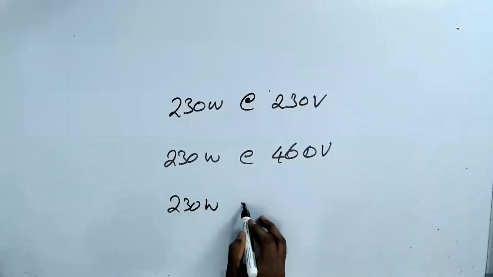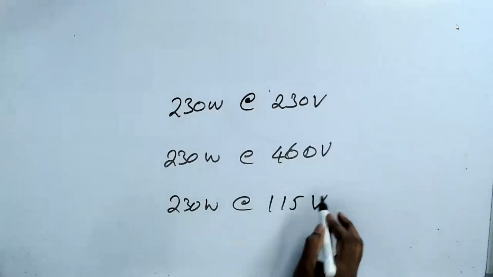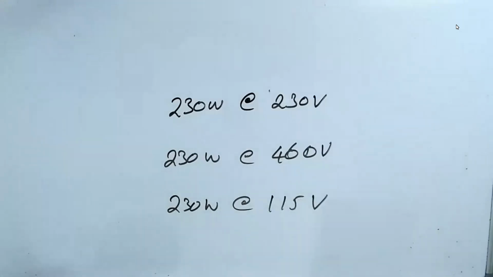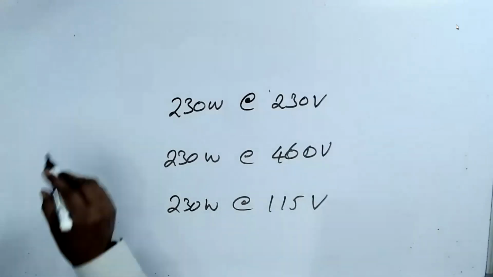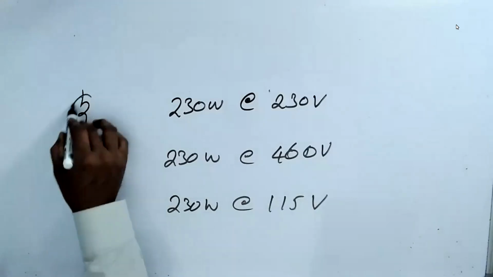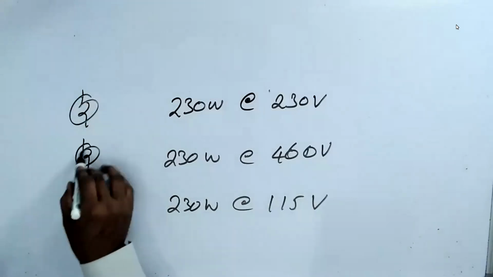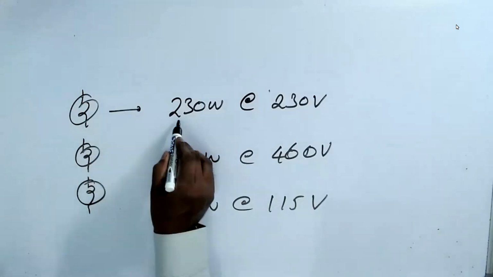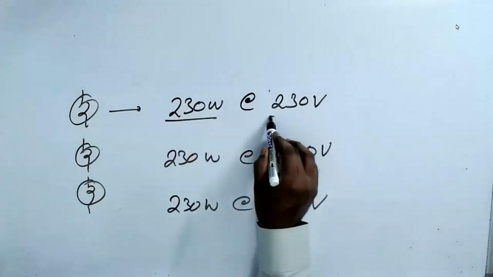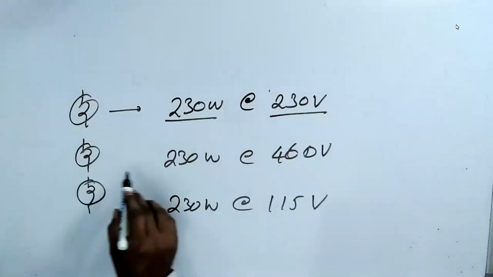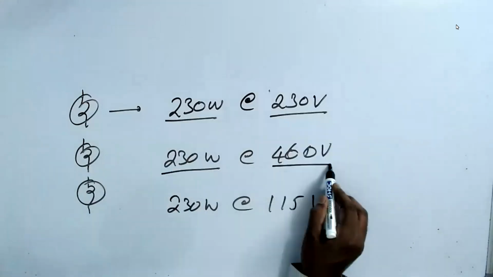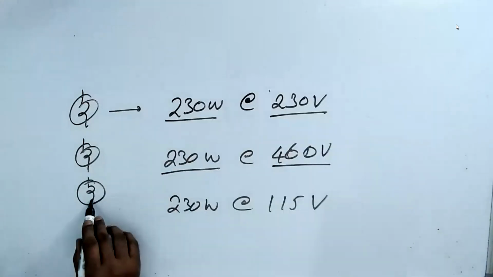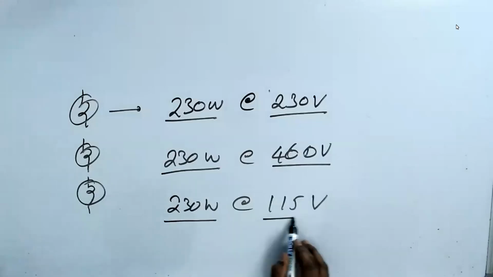Another, 230 watts at 115 volts, assuming. Now, understand one thing. I have three bulbs: bulb 1, bulb 2, bulb 3. This bulb gives you 230 watts if I apply 230 volts. This bulb gives 230 watts when I apply 460 volts. This bulb gives you 230 watts if I apply 115 volts.